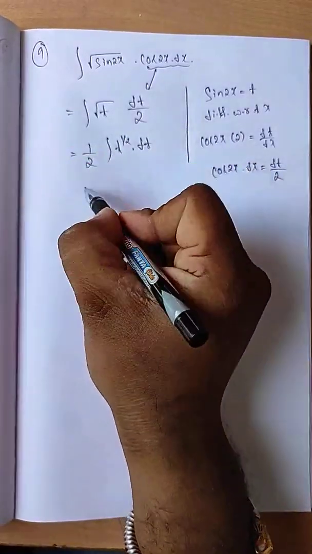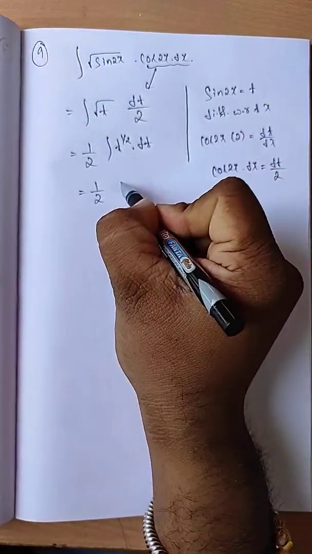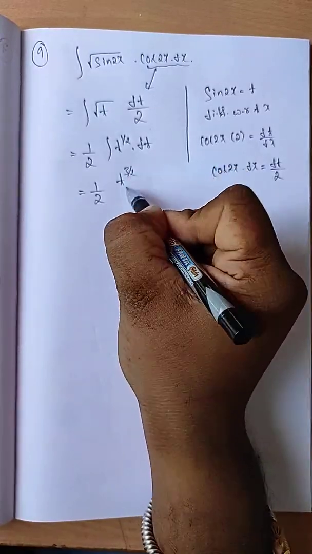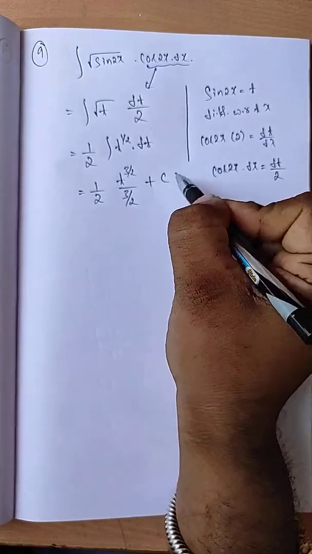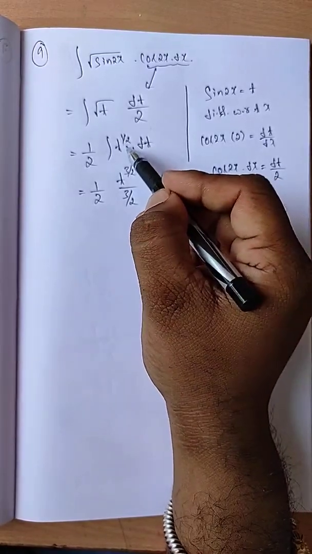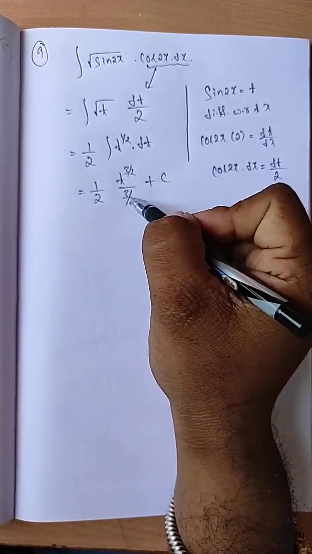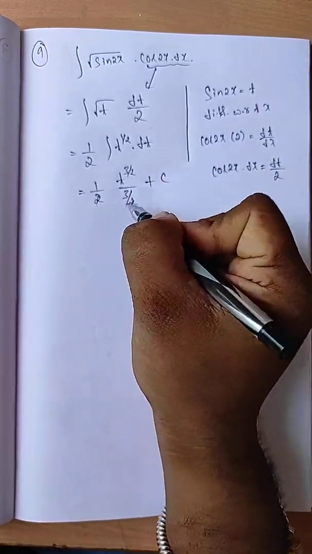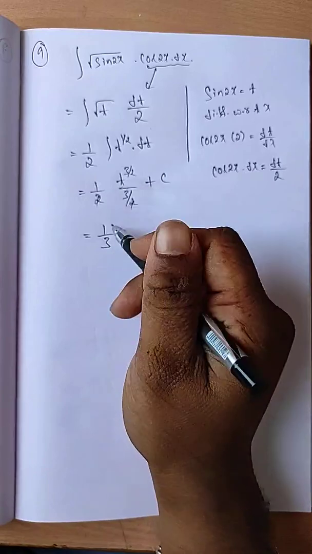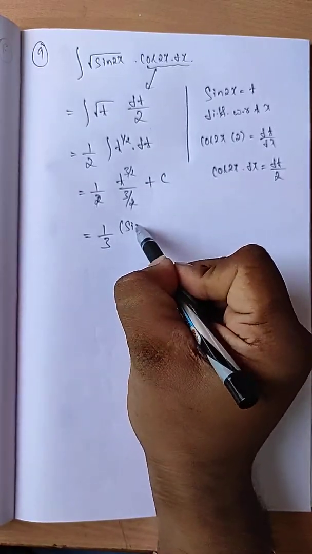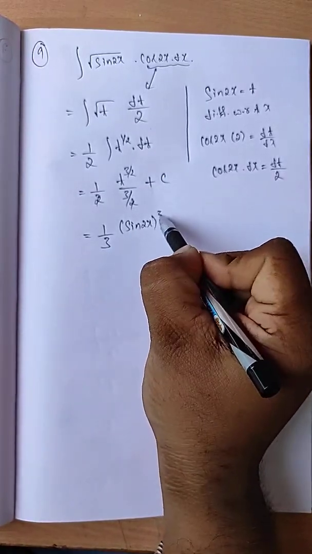It is t to the power of 3 by 2 by 3 by 2 plus c. Here the 2 cancels, and 1 by 3 is a constant. What is t? It is sin 2x. So the answer is sin 2x to the power of 3 by 2 plus c.